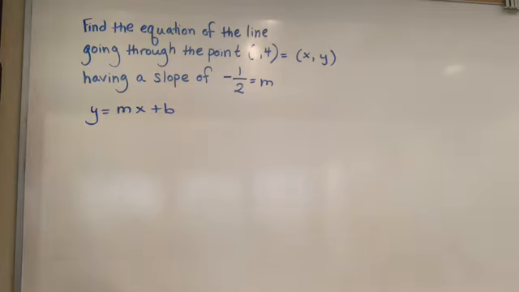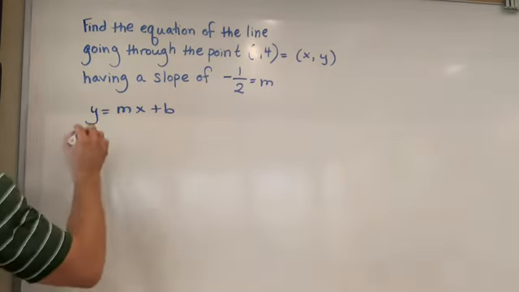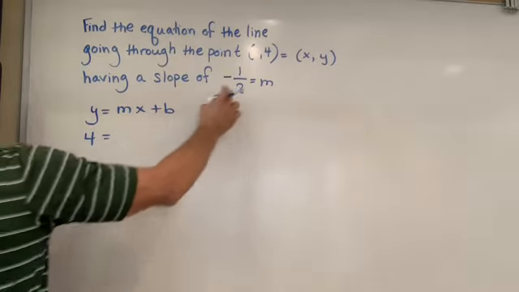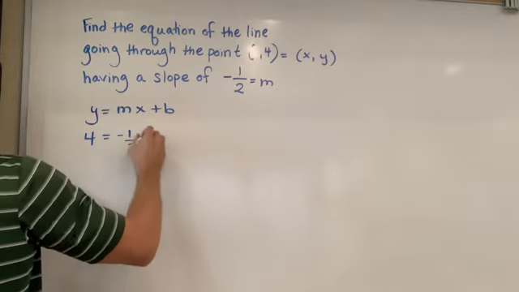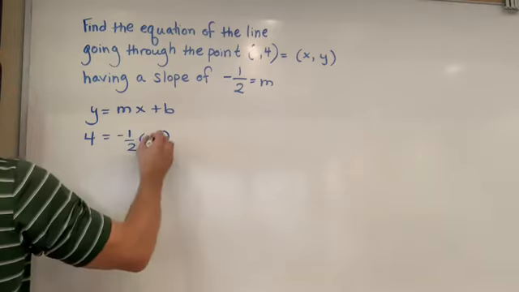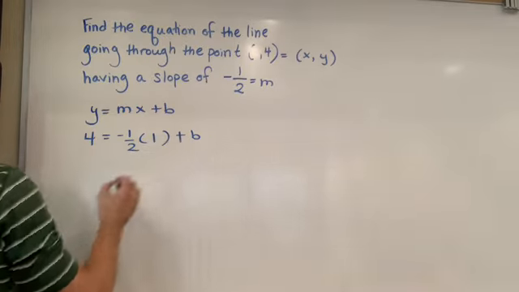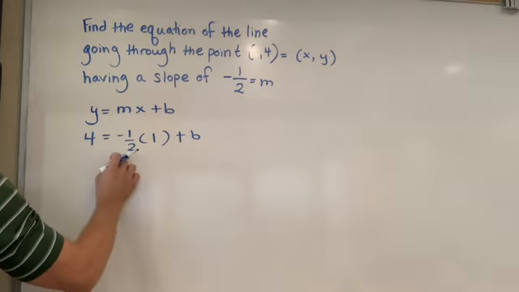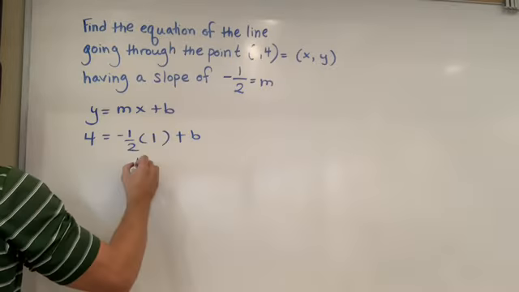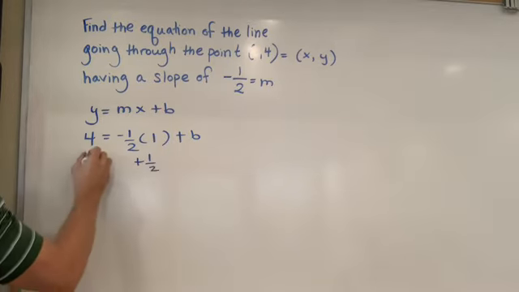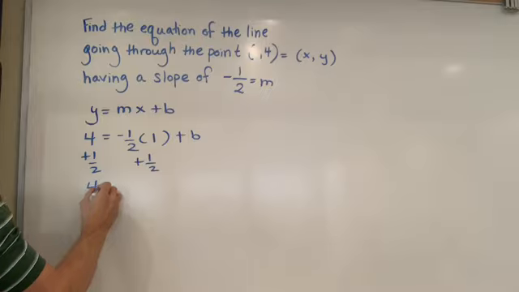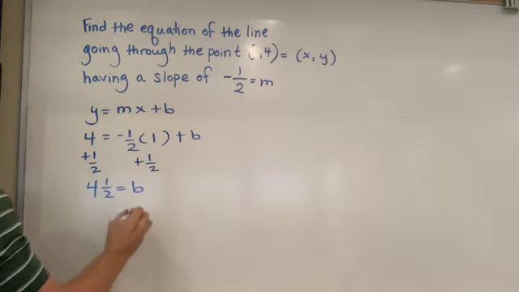So if we do a triple substitution, we can find b. So our y is 4, our m is negative 1/2, when our x value is 1, plus b gives us, well, this is negative 1/2 times 1 is negative 1/2. If I add 1/2 to both sides, I'll get 4.5 is equal to b.